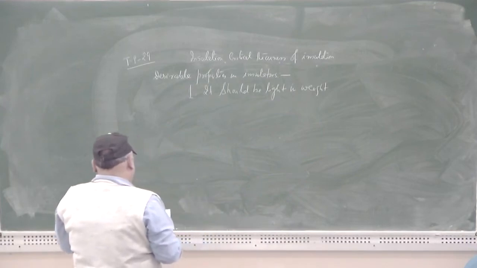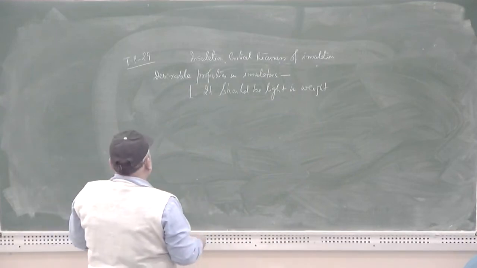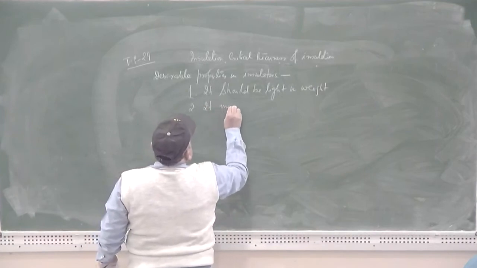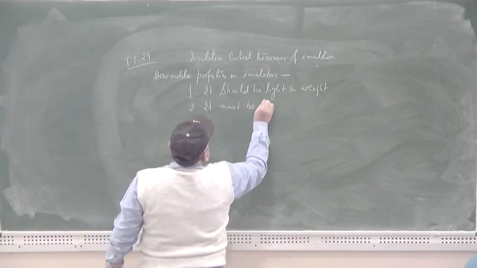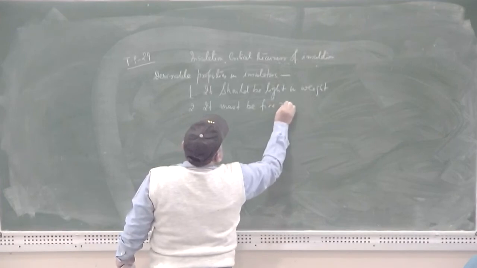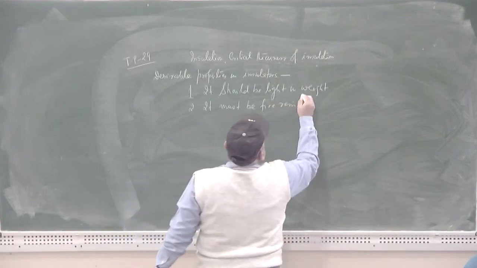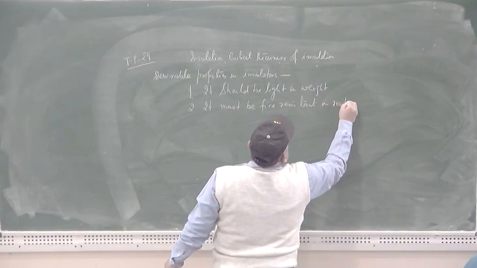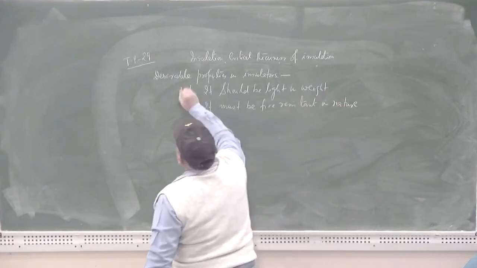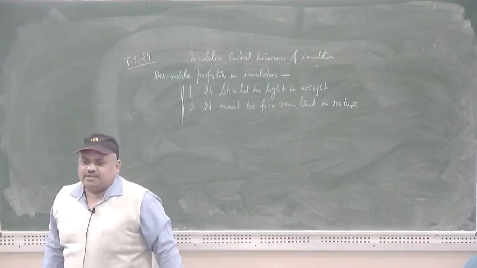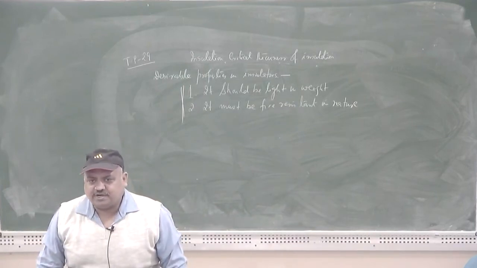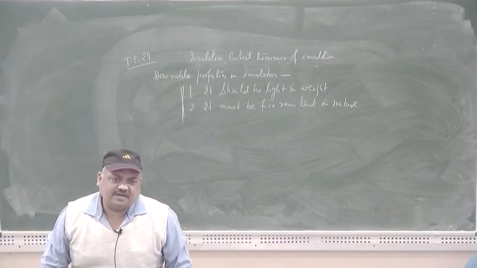And the second one is, it must be fire resistant in nature. So these are the two requirements which need to be there in order to design the insulator for a particular industrial equipment.